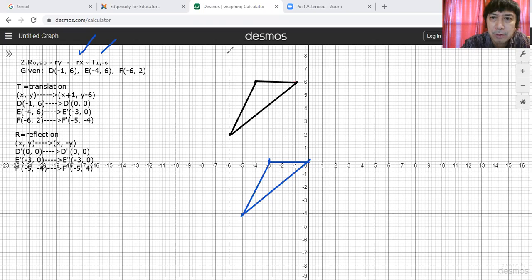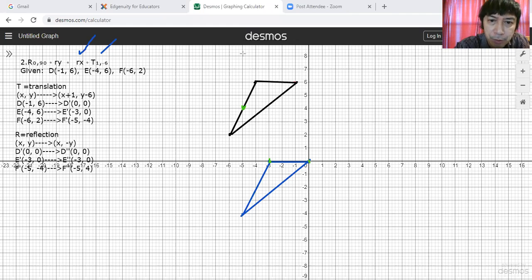Our points now will be at 0, 0, that's a light green over there, negative 3, 0, and then negative 5, positive 4. Negative 5, positive 4 looks like somewhere here. So we will just be connecting these 3 light green points.